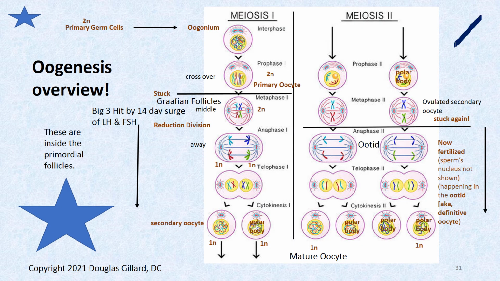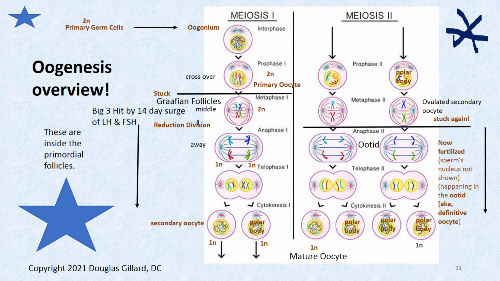And so you should know this. I don't know if you already do know this, but this is where we've been. We've already talked about the primary germ cells morphing into the oogonia. This is happening before you're even born, and then crossover occurs, and we go through meiosis 1, but they originally get stuck in prophase 1, so they're primary oocytes.